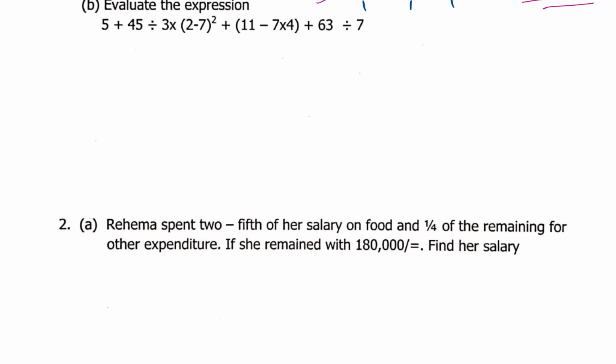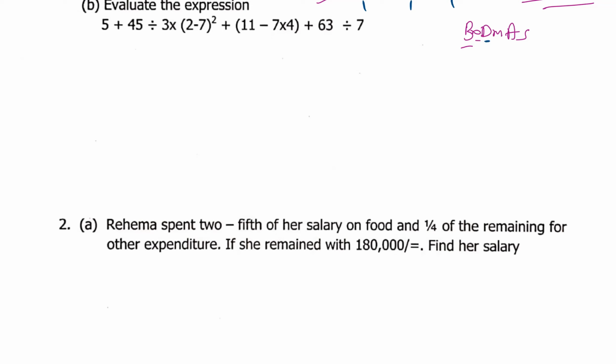Evaluate the value of the expression 5 plus. So we have multiple operations here, and the important part is we have to use BODMAS. I think you know the rule of BODMAS. You are going to start with the bracket, open it, and after that divide.